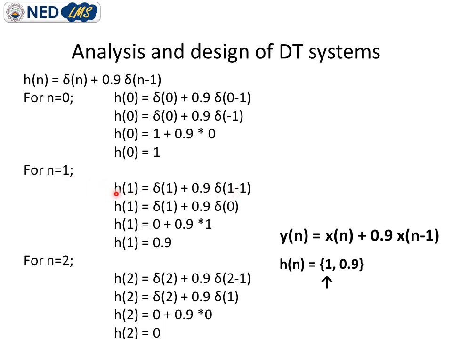One is at n is equal to 0 and other is at n is equal to 1. Again we know that at n is equal to 1 impulse function remains 0, but for n is equal to 0 our function yields a value which is equal to 1. So 1 is multiplied by 0.9, so the final result will be 0.9.